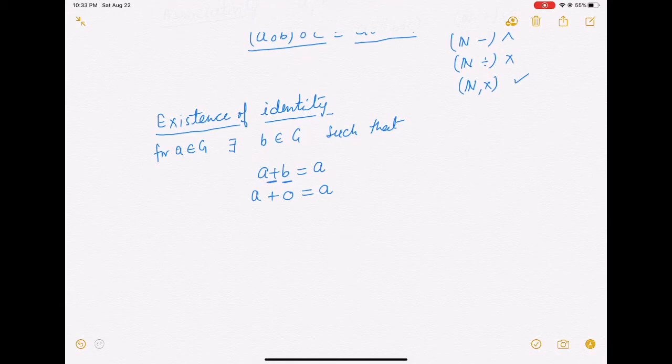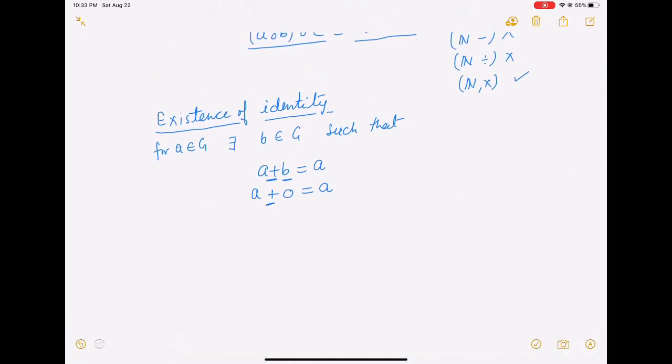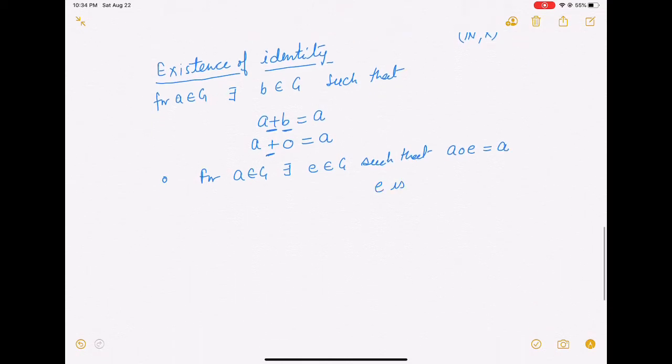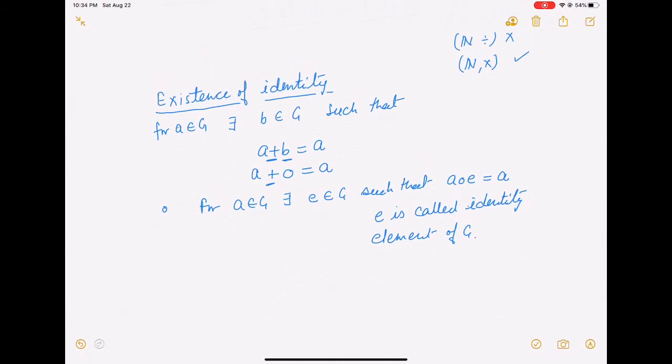Here we take the plus operation. But in general, if we talk about this operation, then for A belonging to G, there exists an element, say E, belonging to G such that A operation E is equal to A. Then this element E is called the identity element of G. So the next property is the existence of identity.